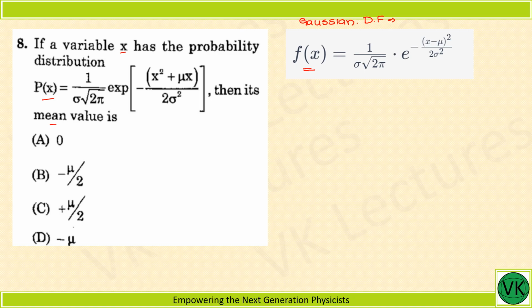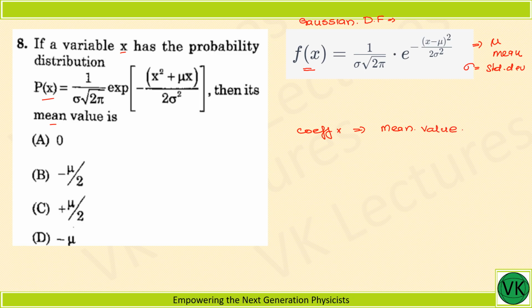Now this is equal to 1 by sigma times root of 2 pi into e to the power minus x minus mu whole square by 2 sigma square. Now here mu is the mean and sigma is the standard deviation. So we can write the coefficient of x as nothing but the mean value.